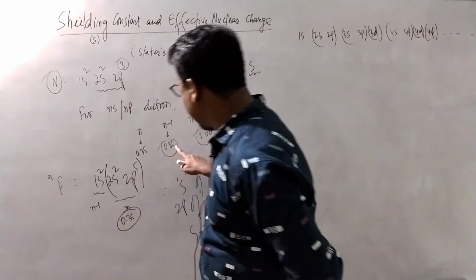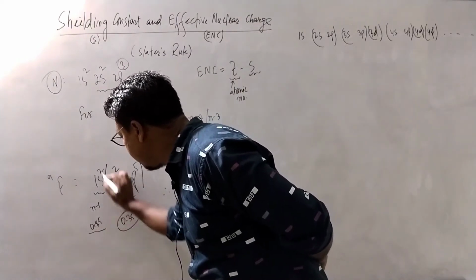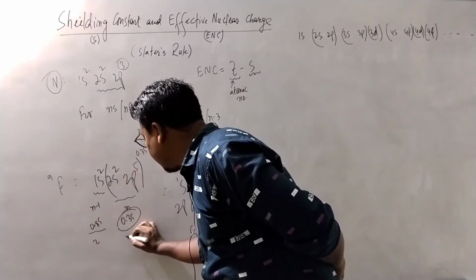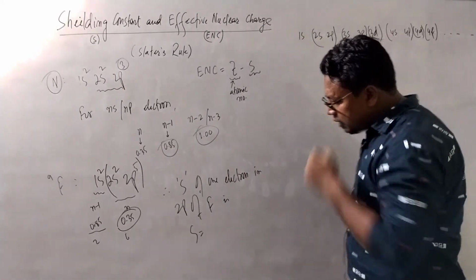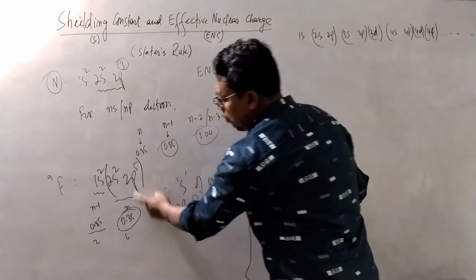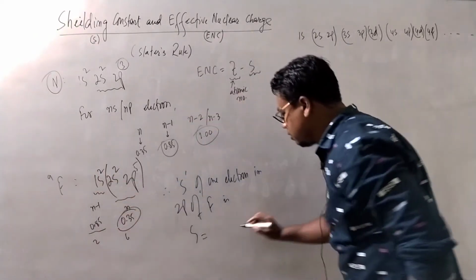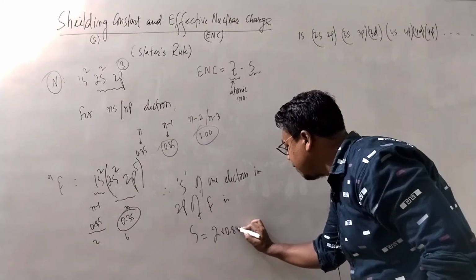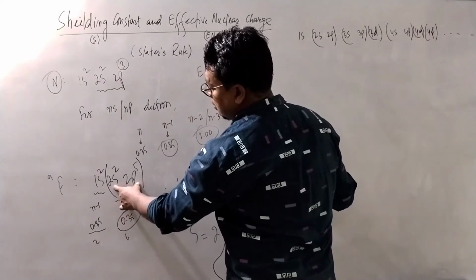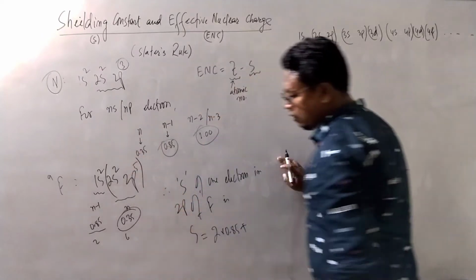How many electrons are here? 2 electrons, and its shielding value is 0.85. And how many electrons are here? 2 plus 4, that is 6, right? So the shielding constant of an electron in 2p will be 2 into 0.85, that is of 1s, plus 6 into 0.35, that is these 6 electrons except that particular electron of p.